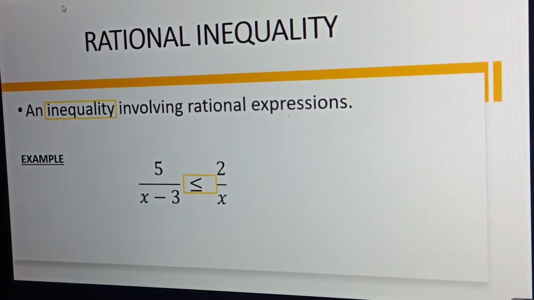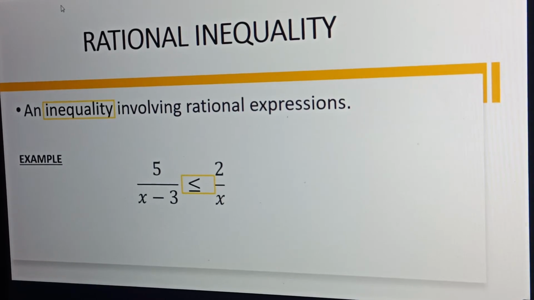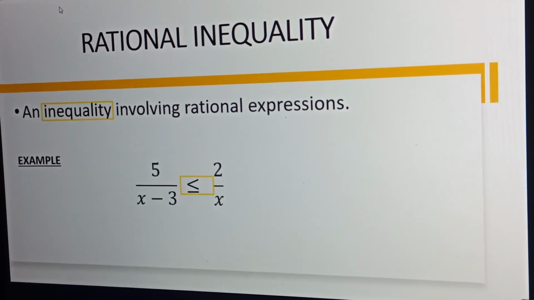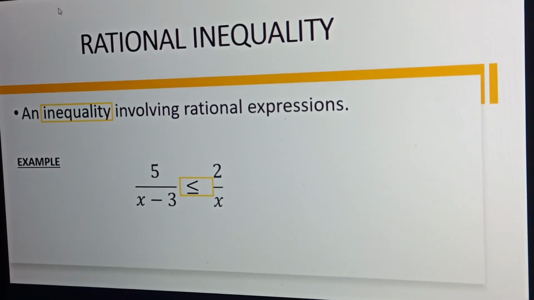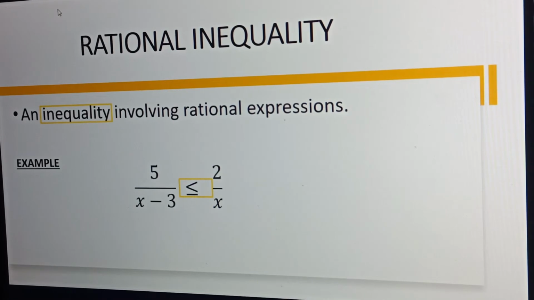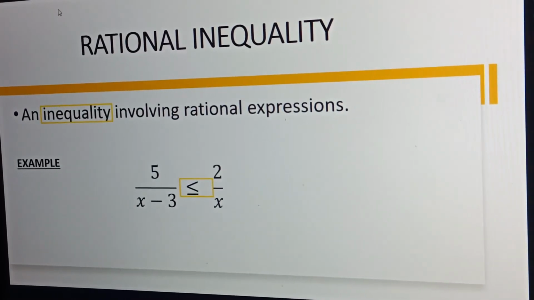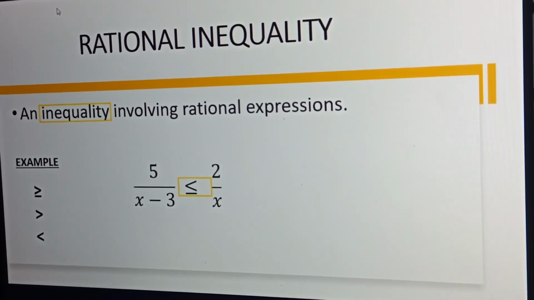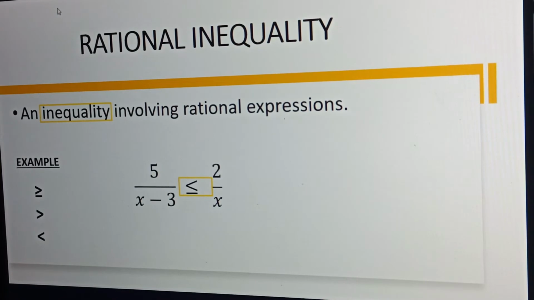Less than or equal to. Yes pala. Okay, that's correct also. And also yung not equal sign. Okay, so when it comes to rational inequality, ginagamitan natin siya ng mga not equal signs. So, there are the less than or equals to, greater than or equals to, greater than sign, less than sign, and the not equal sign.